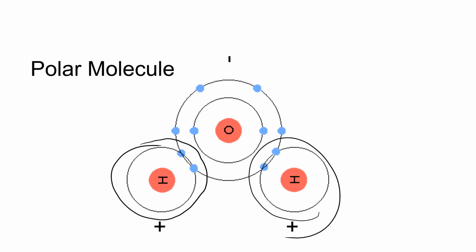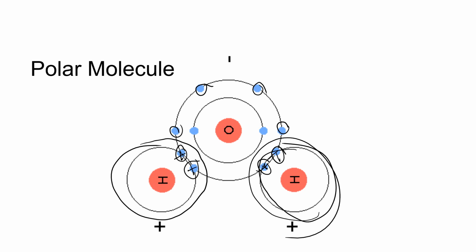And why has this ultimately been accomplished? Well, if you look, by sharing electrons through covalent bonds, this hydrogen atom actually has 2 electrons in its outer shell, which is exactly what it wanted. And this oxygen atom now has 1, 2, 3, 4, 5, 6, 7, 8 electrons in its second shell, which is what it wanted.